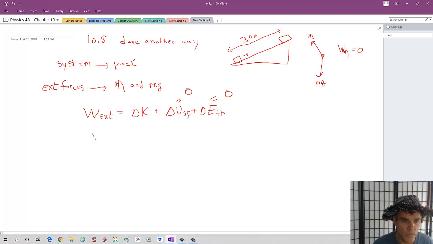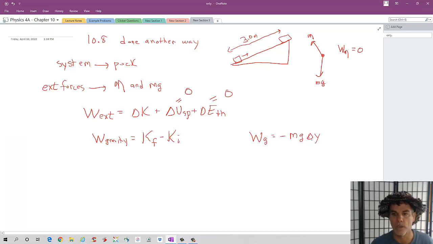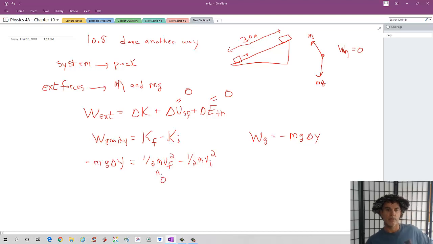So this reduces to the work done by gravity equals the change in kinetic energy, K final minus K initial. Remember, the work done by gravity is equal to negative mg delta y. So what I have is negative mg delta y equals 1/2 m v final squared minus 1/2 m v initial squared. Again, I end up at rest, so my final kinetic energy is 0.